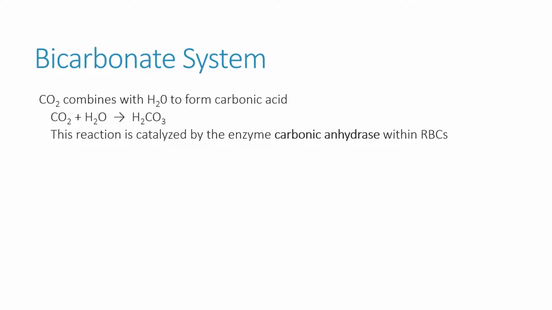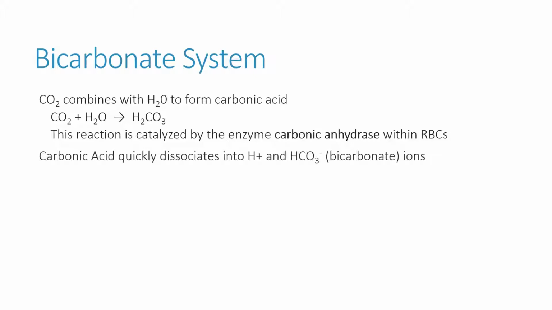This reaction is catalyzed by an enzyme called carbonic anhydrase that's found within erythrocytes, meaning that most of this bicarbonate and carbonic acid is being produced and carried within red blood cells, but not necessarily bound to hemoglobin. That carbonic acid quickly dissociates into an H+, or hydrogen ion, and a bicarbonate ion. We can see that reaction in the equation shown here.